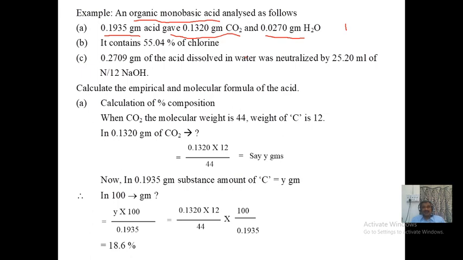After complete analysis, laboratory 1 has given the final concluding remark: 0.1935 gram of this acid gives us, after analysis, 0.1320 gram of carbon dioxide and 0.0270 gram of water. Laboratory 1.